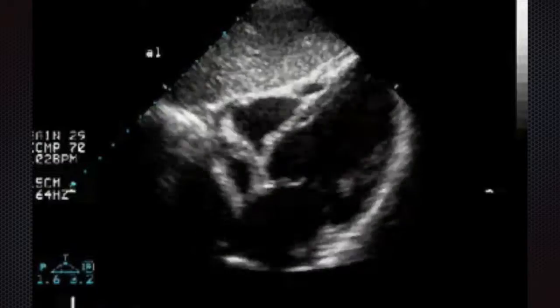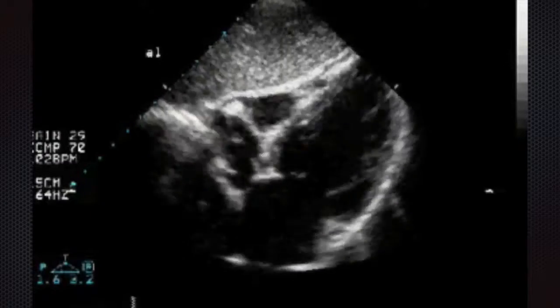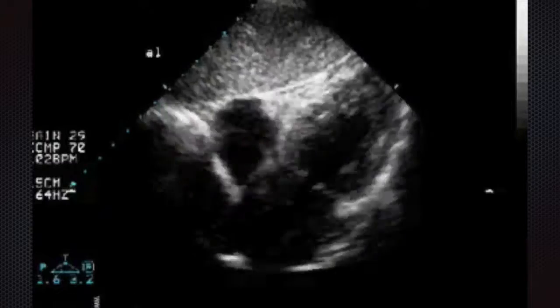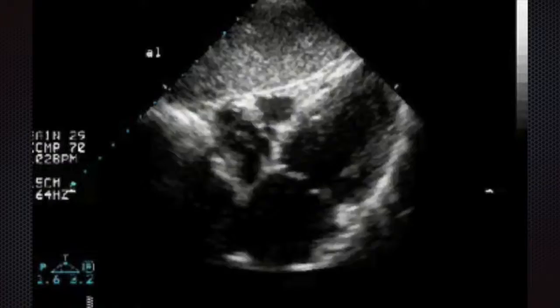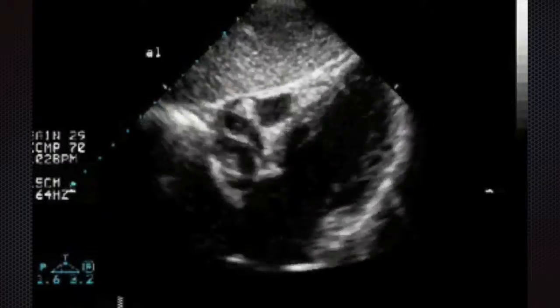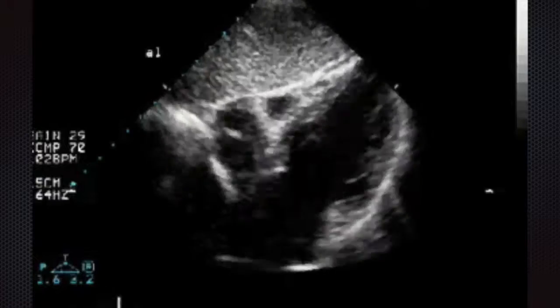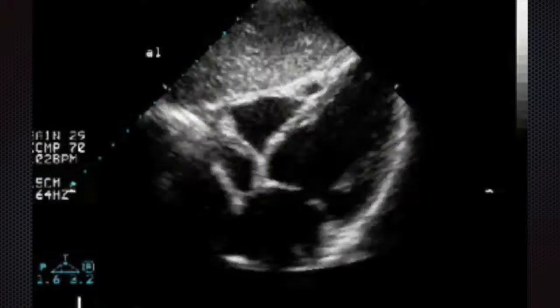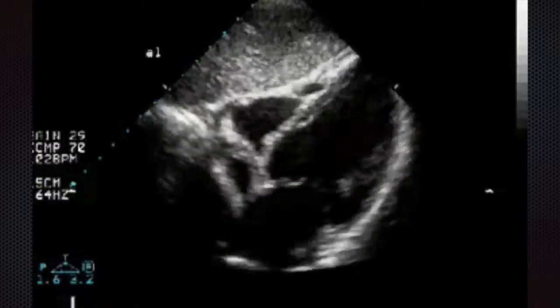So you can see there's a triangular shaped right ventricle at the top closest to the liver, and to the left of that is a right atrium, and then you can see the thicker walled left ventricle contracting with a mitral valve, and underneath the mitral valve at the bottom of the screen is the left atrium.